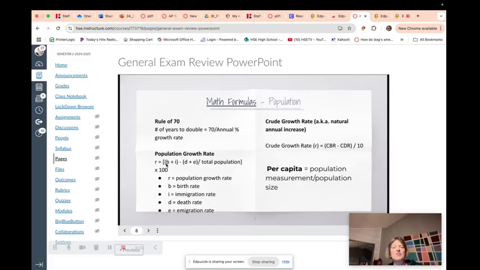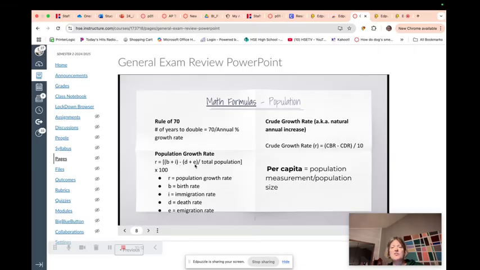Then we have population growth rate or population change. So I say it's change divided by the total population times 100. Okay, so whatever that change is. All right.